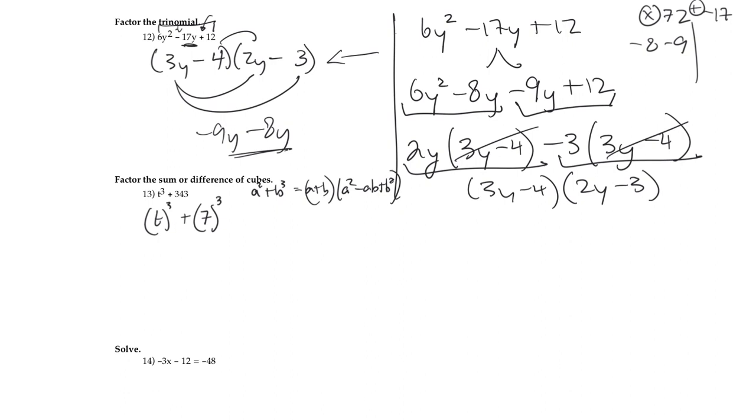So then I just plug a t in everywhere I see an a, and I plug a 7 in everywhere I see a b. So it should come out looking like this. It'll be t plus 7, and then t squared minus t times 7, or just 7t, plus 7 squared, or 49. If you wrote 7 squared, I accepted that.